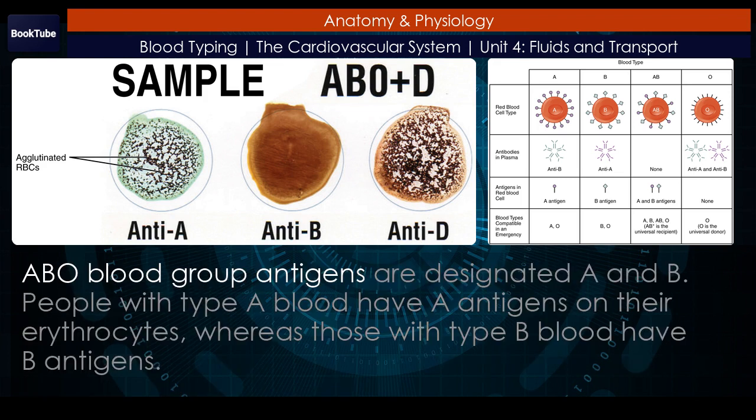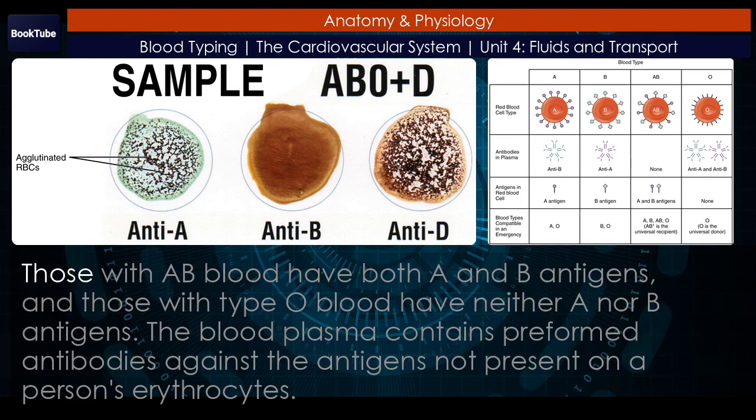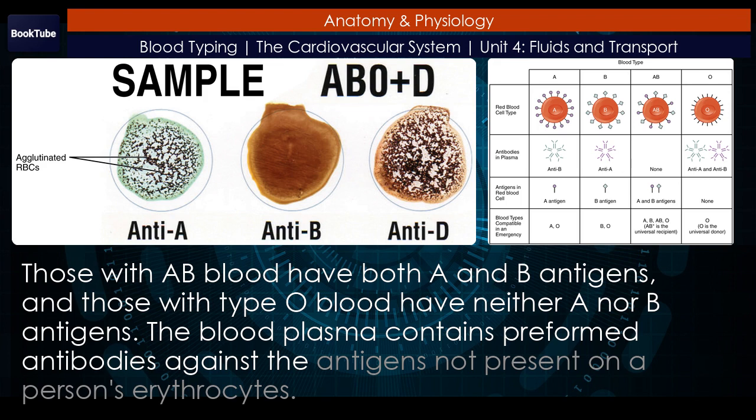ABO blood group antigens are designated A and B. People with type A blood have A antigens on their erythrocytes, whereas those with type B blood have B antigens. Those with AB blood have both A and B antigens, and those with type O blood have neither A nor B antigens. The blood plasma contains preformed antibodies against the antigens not present on a person's erythrocytes.